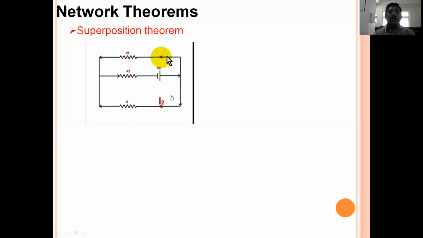Now we have two currents, I1 and I2. According to the superposition theorem, the total current I can be calculated as the algebraic sum of I1 and I2.